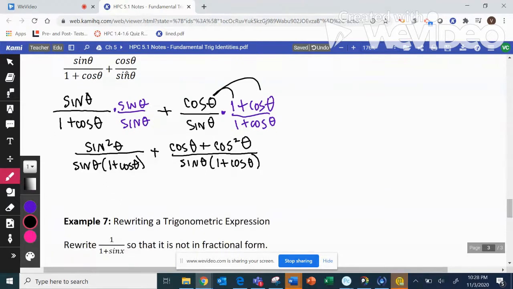Okay, so if they're common denominators, now we can add the numerators. I'm going to slightly rearrange the numerators while I'm adding them because I notice I have a sine squared theta and I have a cosine squared theta on top plus cosine theta. And on the bottom, I've got sine theta times 1 plus cosine theta.